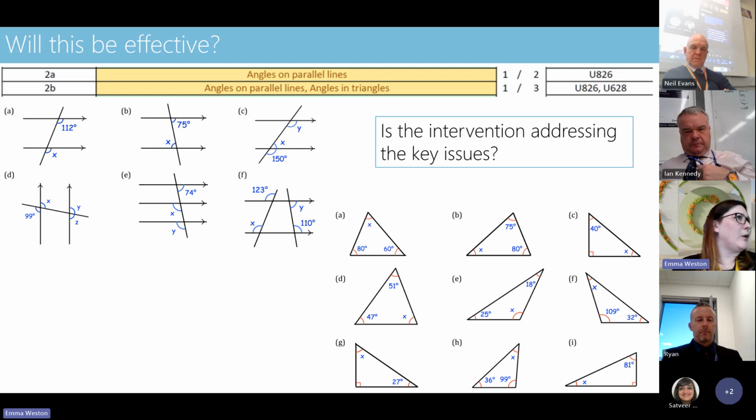And so what this teacher has done is go on Corbett Maths, find the questions on angles on parallel lines and angles in triangles, and they're going to use this as part of their intervention session. Is this intervention addressing the key issues, do you think? So type what you think into the chat or feel free to unmute.